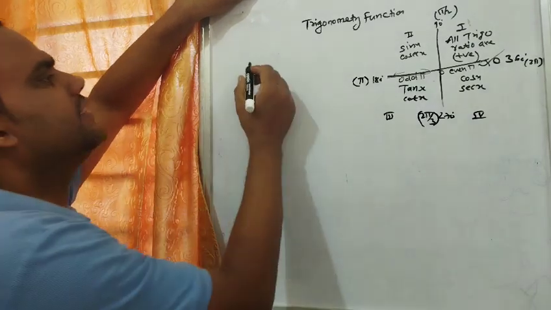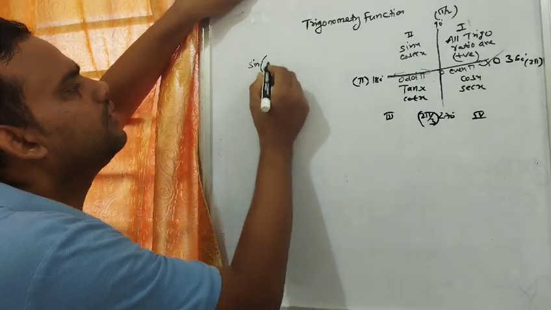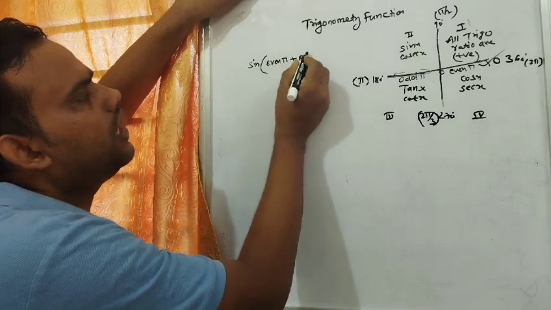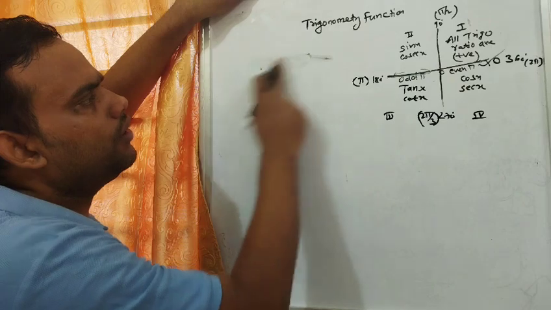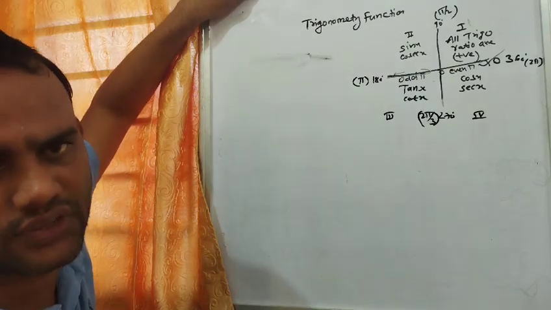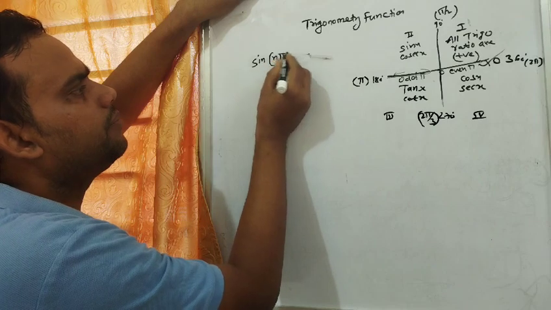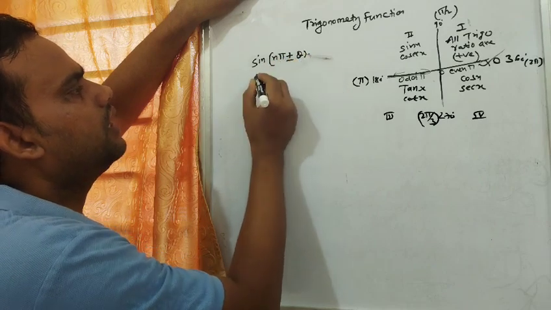So we do here sine of even pi plus theta. Either even pi or odd pi, they will not change. So sine of n pi plus or minus theta.